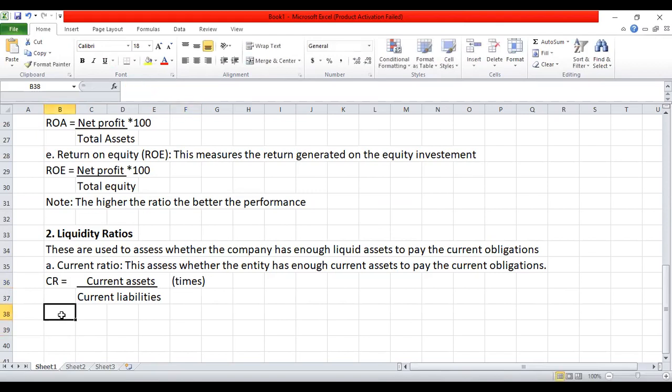Then another ratio which we use here is what we call the quick ratio or the acid test. The quick ratio, or the acid test ratio, measures the ability of the entity to pay its current obligation without relying on stock.